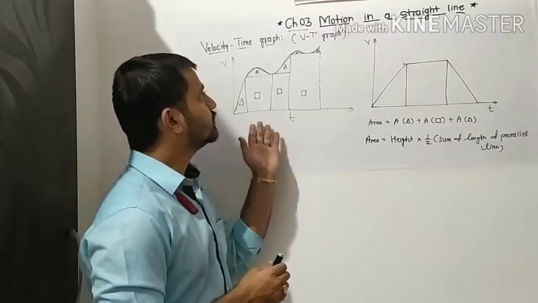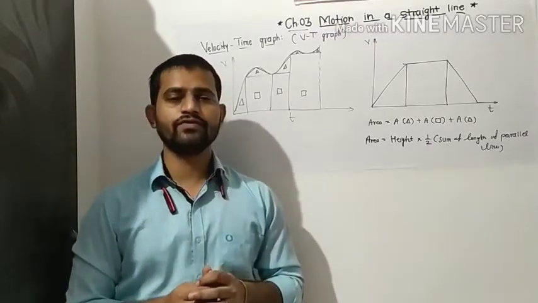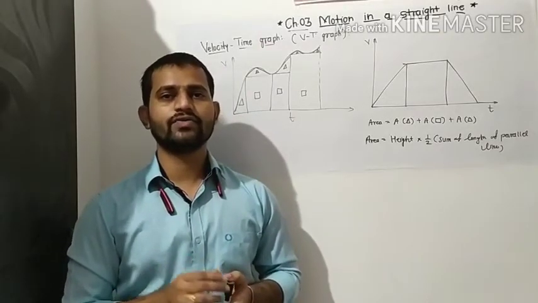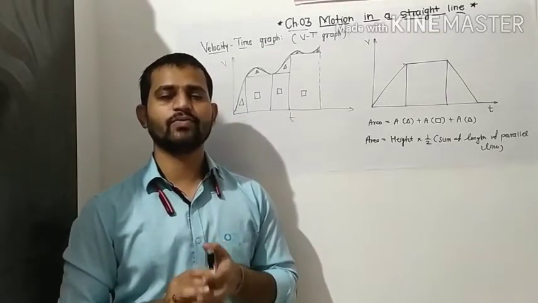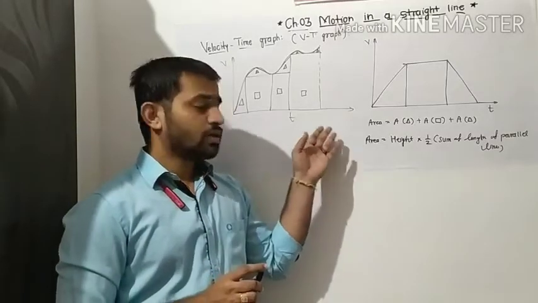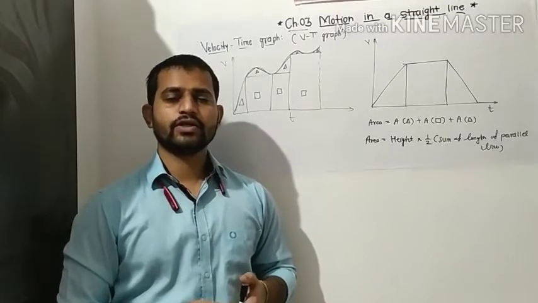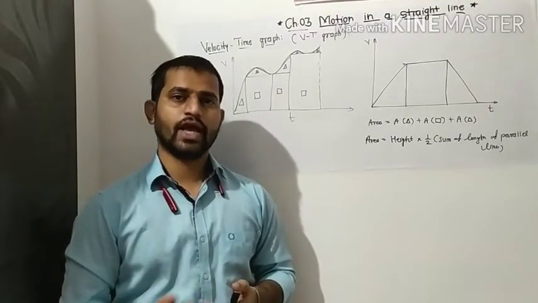So in such a VT curve, finding the area of the VT curve gives us the value of the displacement, and the slope of the VT curve gives us what? It gives us the acceleration.